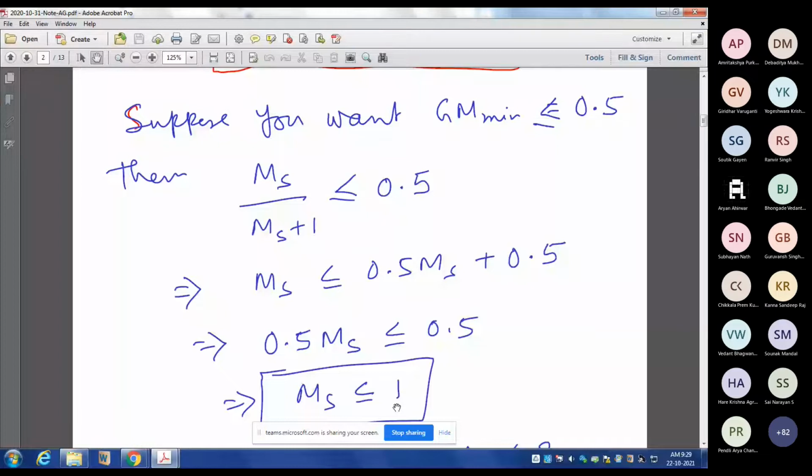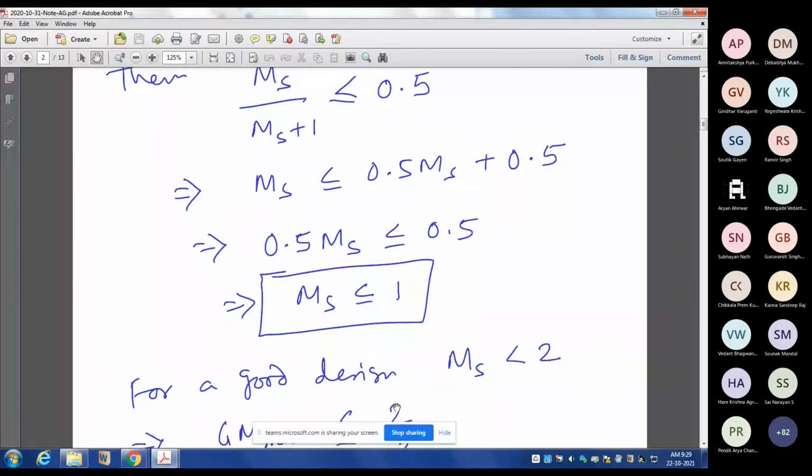Now, for a practical design, we normally consider Ms less than or equal to 2. Why? We also saw that it will guarantee positive side gain margin greater than or equal to 6 dB and phase margin greater than or equal to 30 degrees. This is very good information. Most practical systems nowadays, in the aerospace industry, follow this limit.